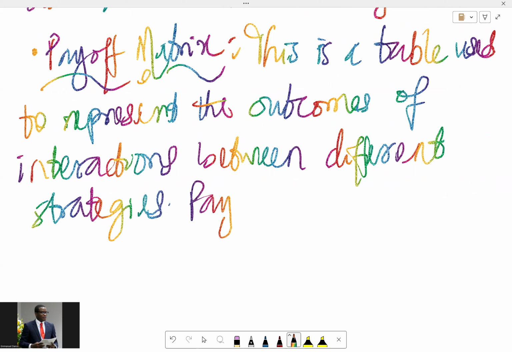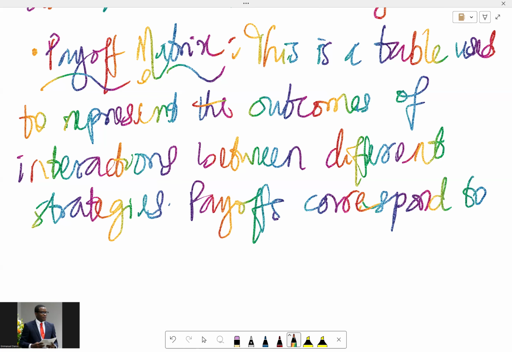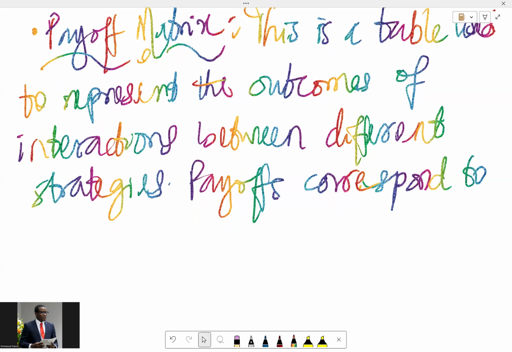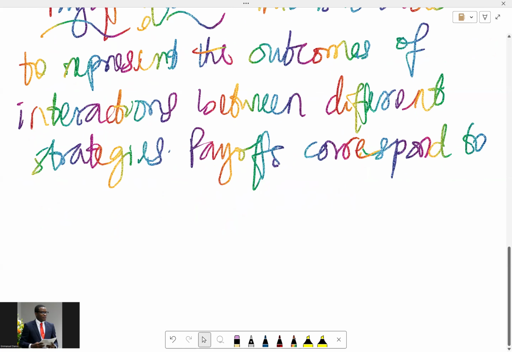Payoffs correspond to reproductive success or fitness.